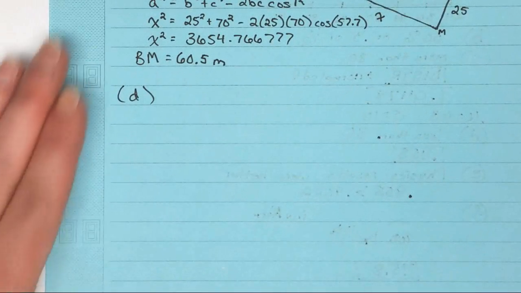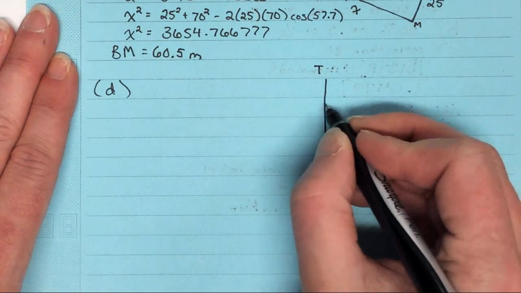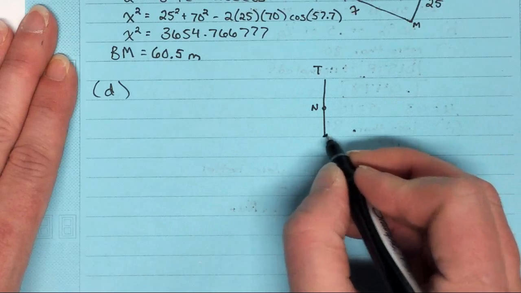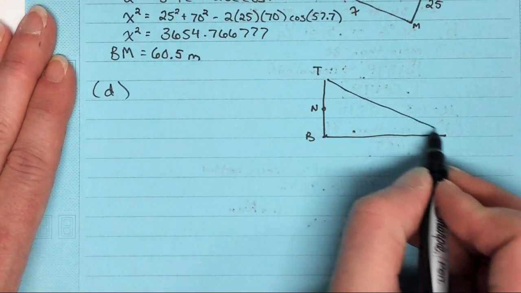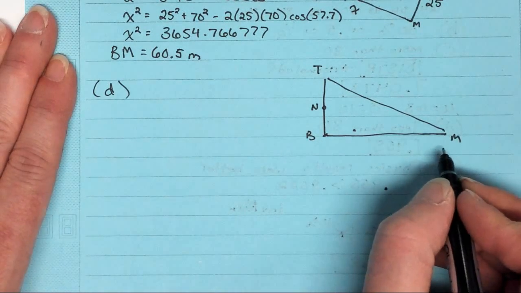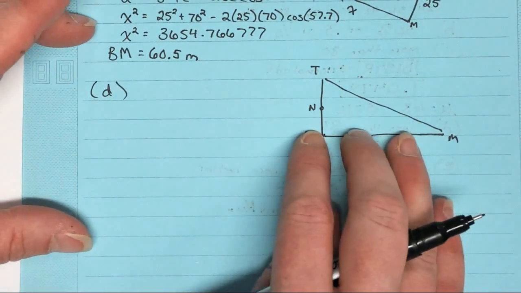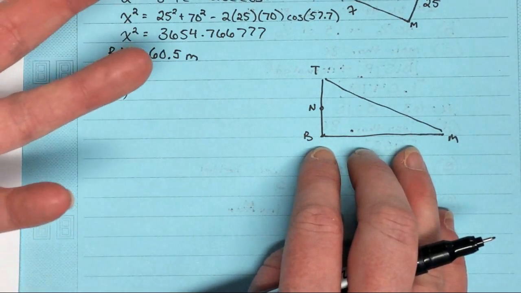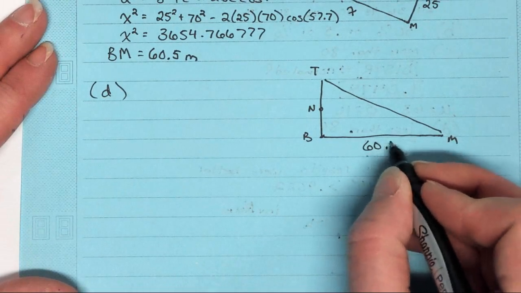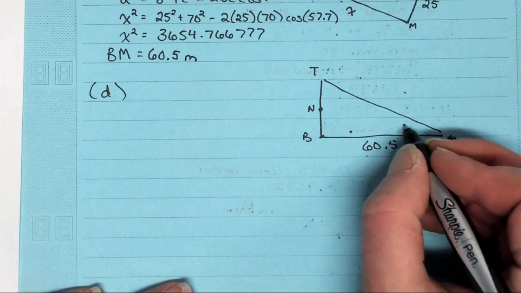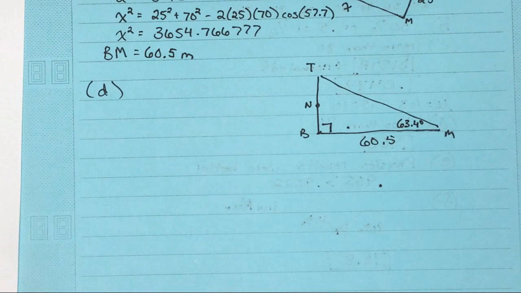On part D, I would draw that. T. Oh, N is in the middle. B is here. I'm going to draw it where I can see what's going on a little bit better. Here's M. We just found B to M, right? 60.5. If you had messed up on there, could you guess something? And so you can keep doing this problem and get the points for this part. So even if your part C was incorrect, you could still get points for this one since it's a right triangle.